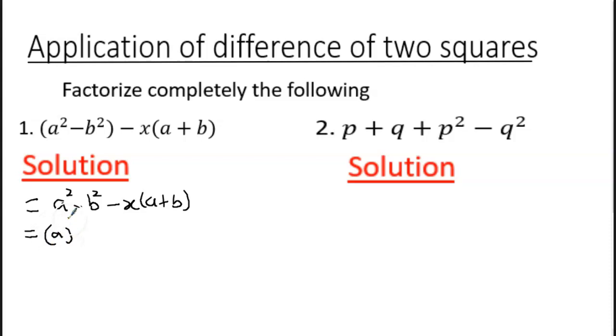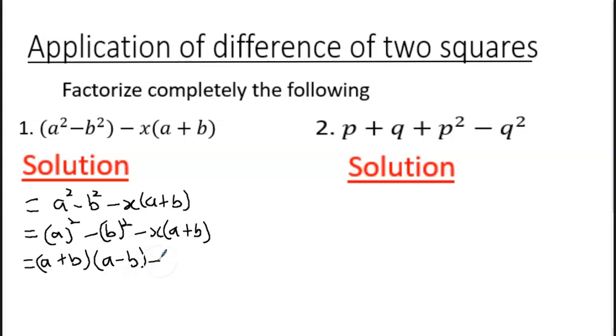(a) squared minus (b) squared minus x bracket of a plus b. If you apply the difference of two squares, we're going to get a plus b in one bracket, a minus b in another bracket, minus x times a plus b.